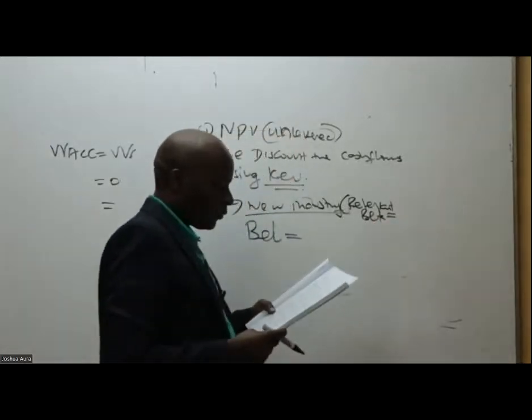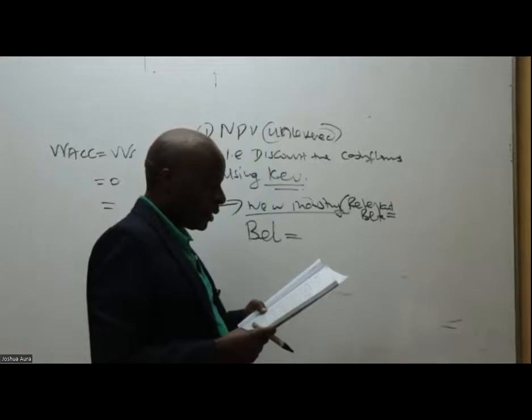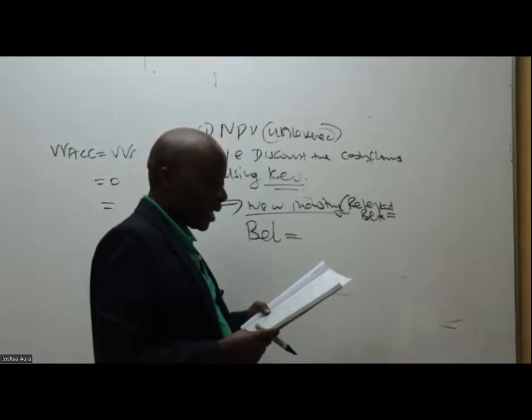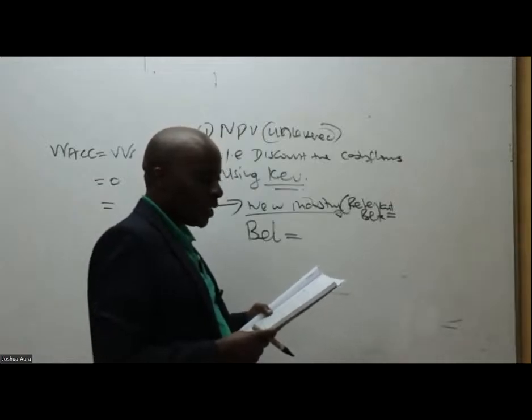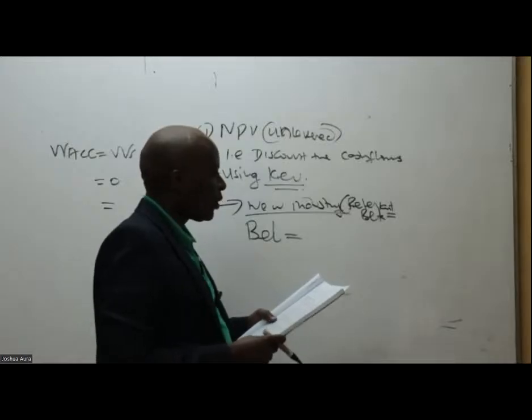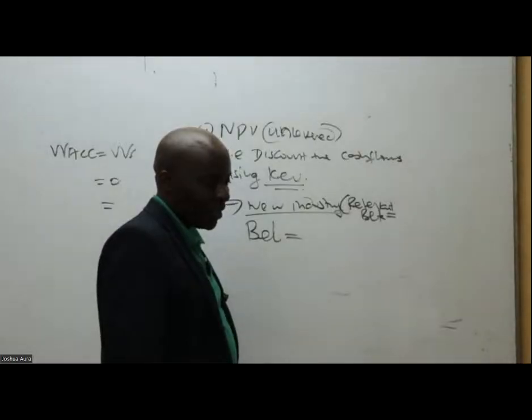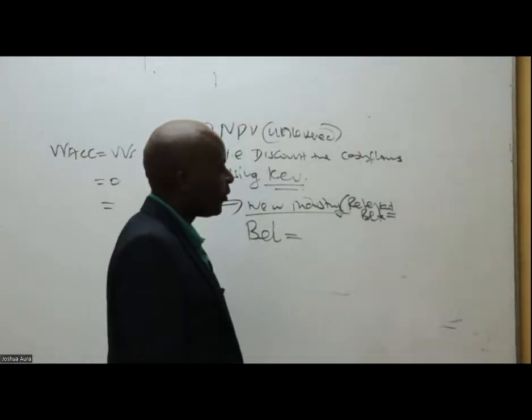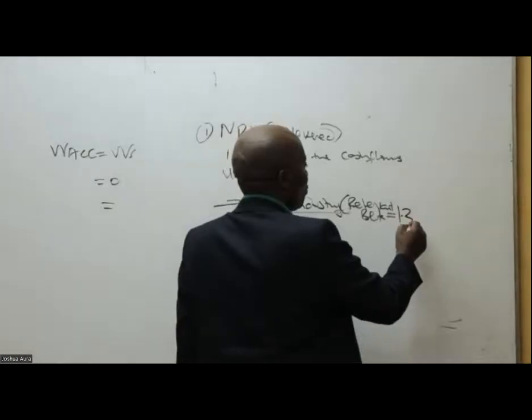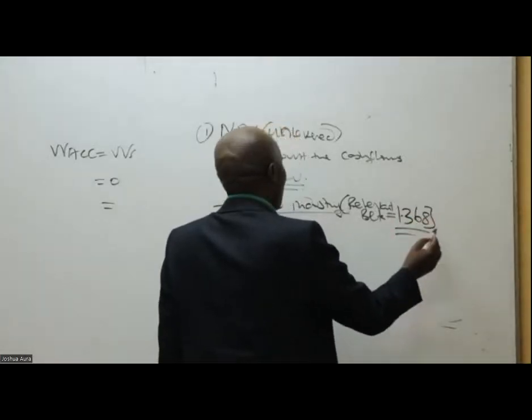These guys have given us a figure. Is there anybody who is able to see the relevant beta of the new industry, which is the plastics industry? 1.368. Thank you so much.